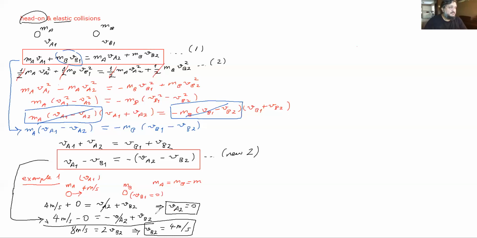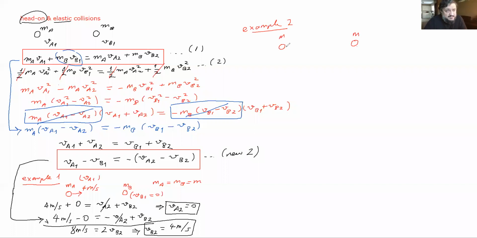Okay, let's do another one. Let's just add an initial speed to the second ball. So example 2, again a head-on collision with the same balls, M and M. They have the same mass.